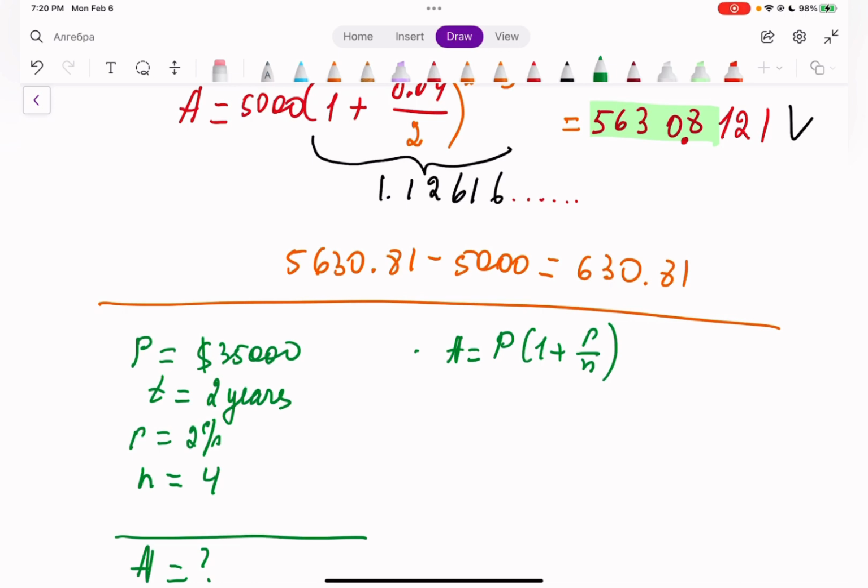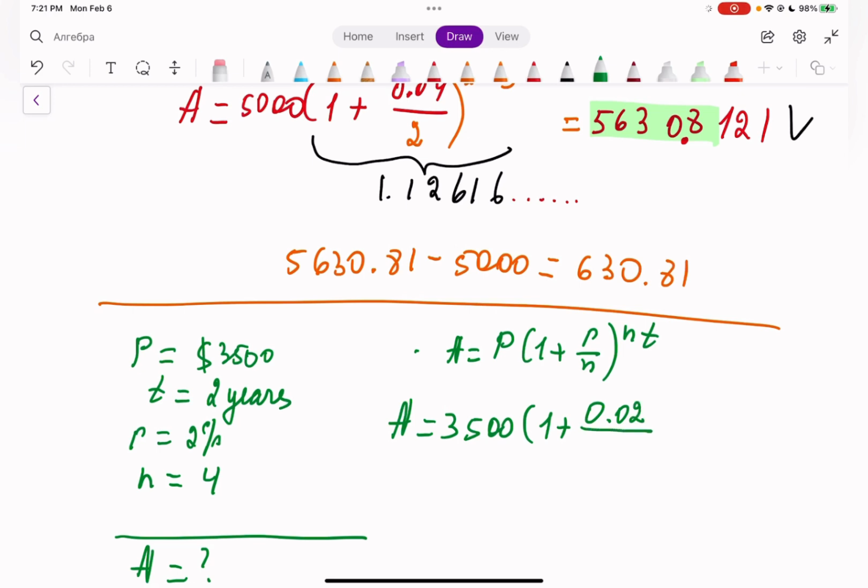And here we're raising to the power N times T. Okay, so A is equal to 3,500 times 1 plus 2%, which is going to be 0.02, right?